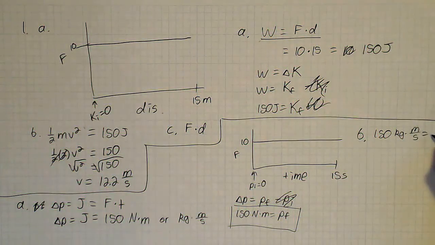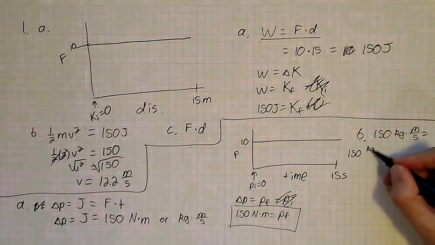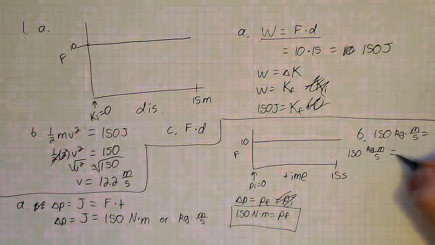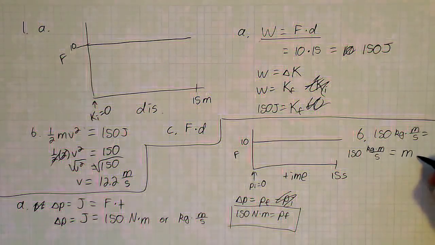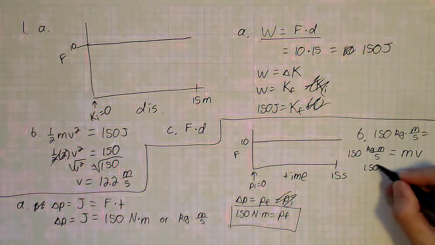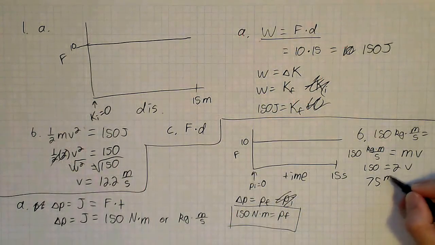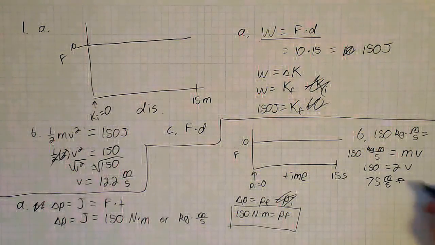So 150 kilograms times meters per second equals mass times velocity at that point. So we know our mass is 2 kilograms again, so 150 equals 2v, divide it out, you get 75 meters per second equals v.